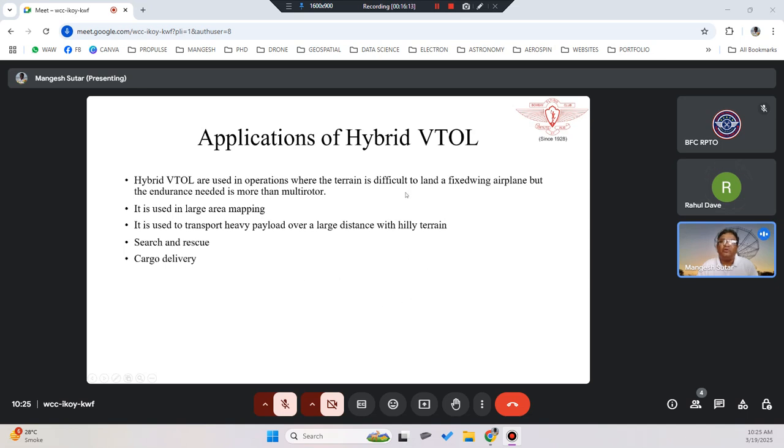In that scenario, most of the time people use hybrid VTOLs. They are also used for very complex, very large area mapping where you want more endurance.